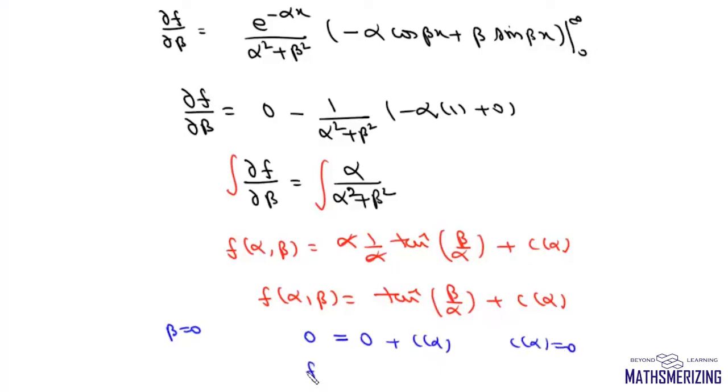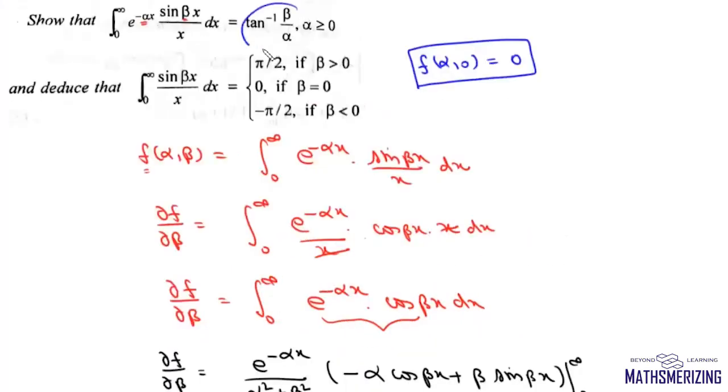So f(alpha, beta) will be simply tan inverse beta upon alpha, which is the result that we needed to prove.